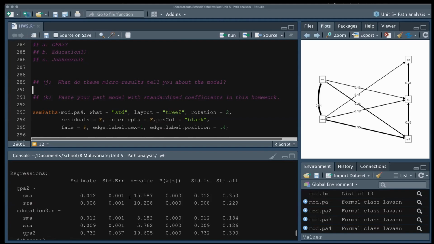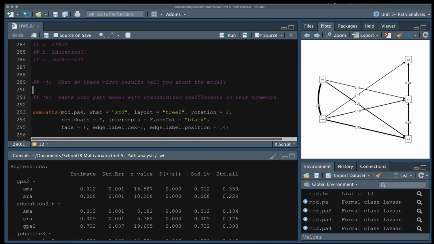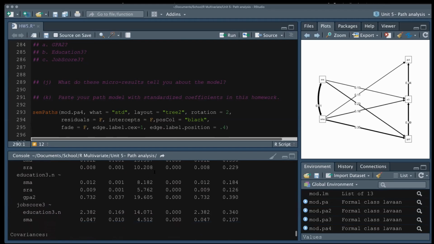So it's fine to just describe that all these paths were significant after trimming, which ones were the best predictors, and how much variance we explained in the endogenous variables.